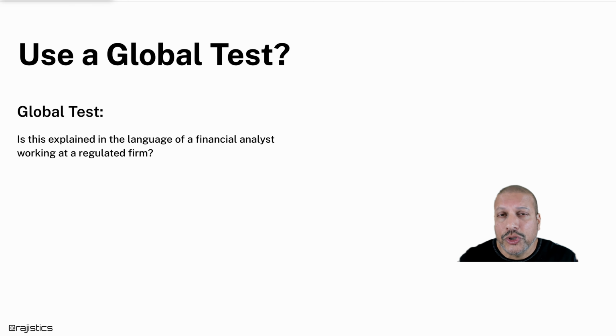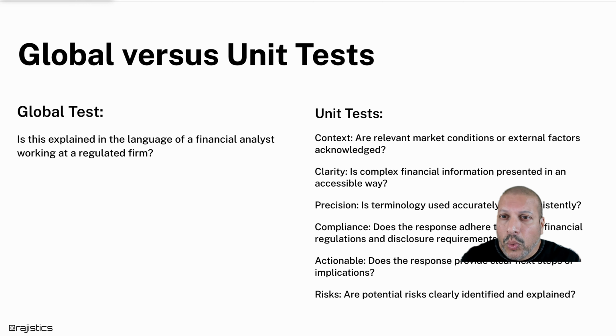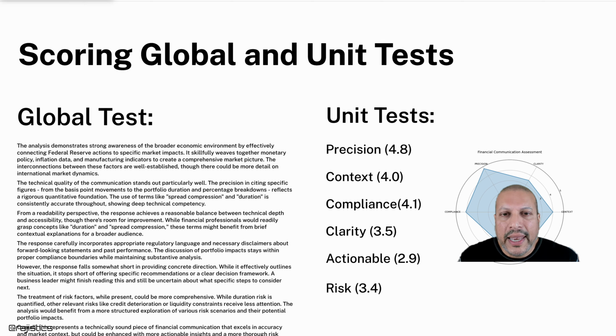What I want to introduce you to, we've talked about tests, is that we can build unit tests. Suppose I think of style as composed of six elements: the context, clarity, precision, compliance, actionability, and risks. I can build a unit test for each one of those. Now when I want to check a query, I can just look at the results of the unit tests, and that gives me an idea of where the answer is working well and where it isn't.